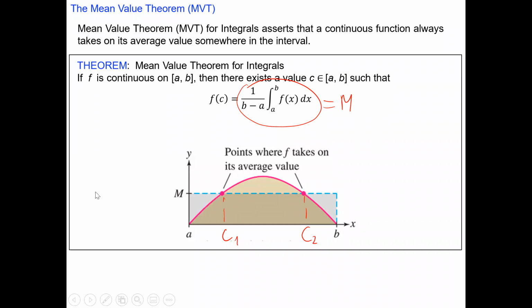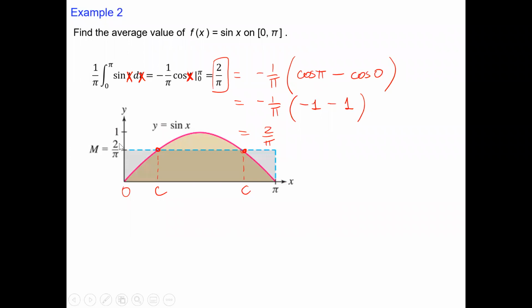We saw this: 2 over pi is the average value, and the corresponding x are between 0 and pi. We don't know exactly what the values are, but they exist between 0 and pi.